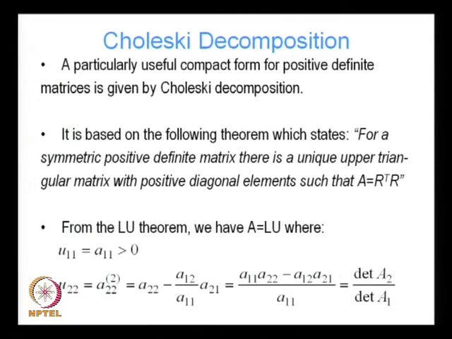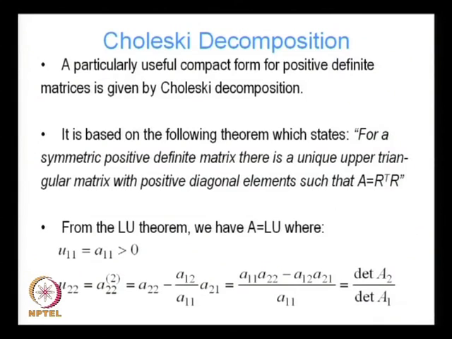Recall from the LU theorem, we have A is equal to LU, where U11 is equal to A11, which is positive, and U22 is equal to A22 minus A12 by A11 by A21, using the transformation rule for LU decomposition, or for Gauss elimination for that matter.